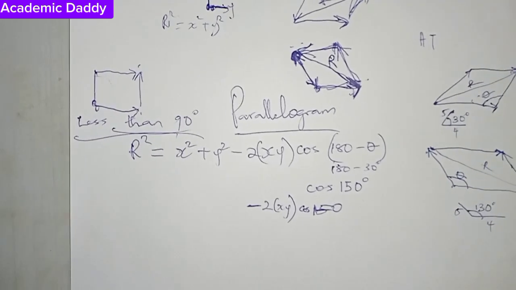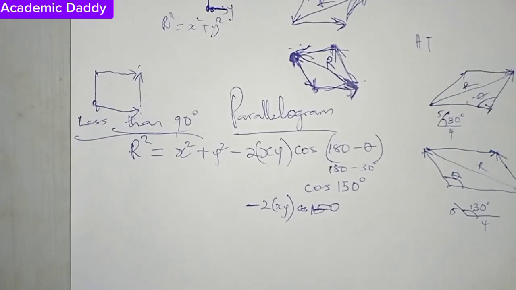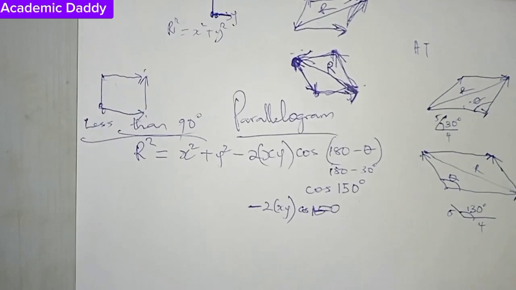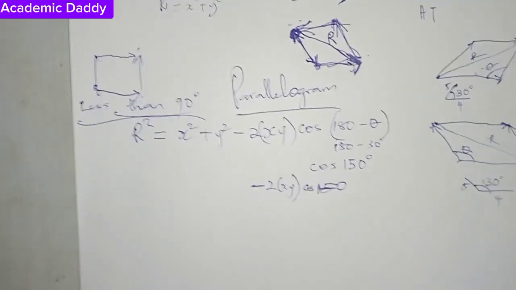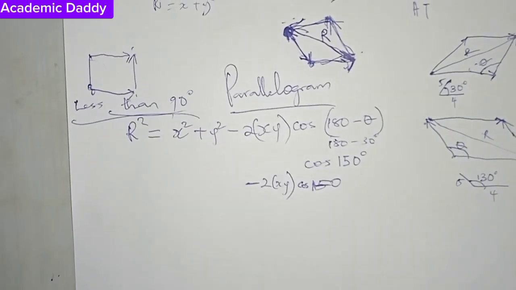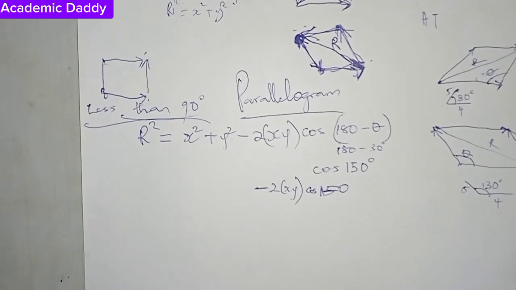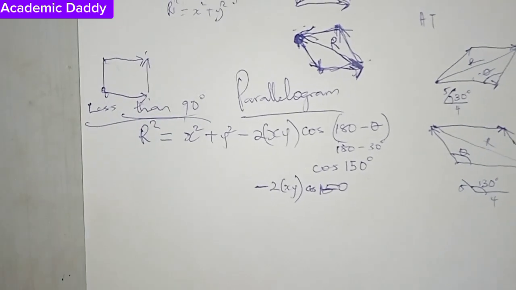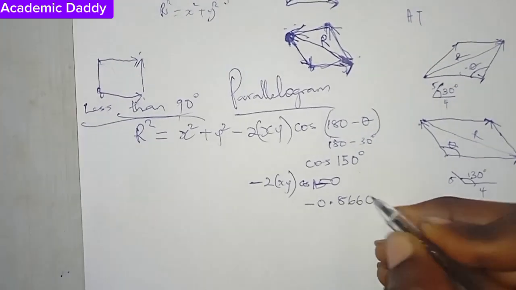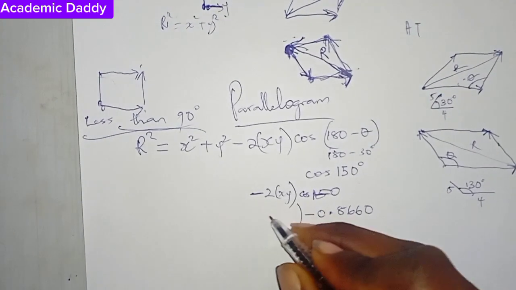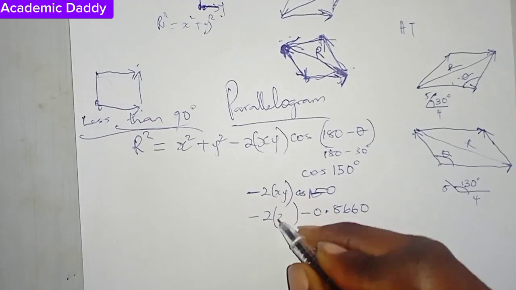So if I do cos 150, I have minus 0.8660. So notice that this is times minus 2XY.